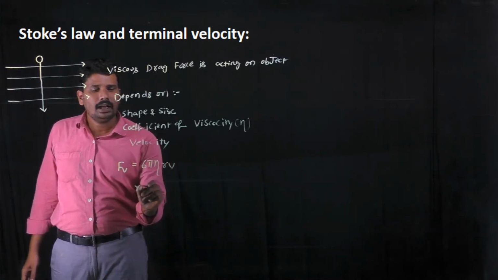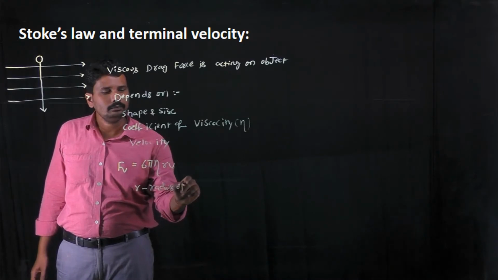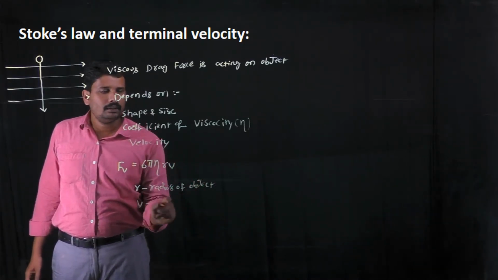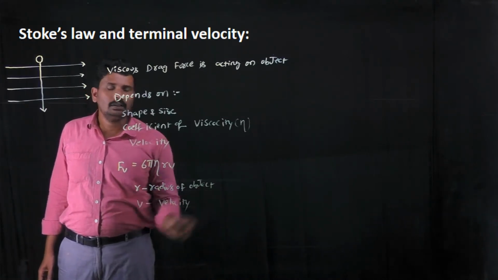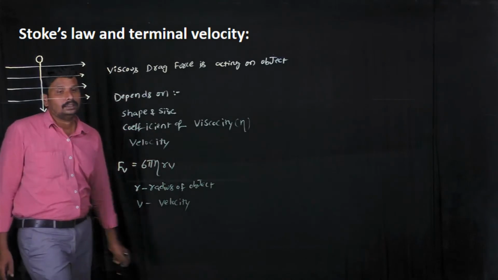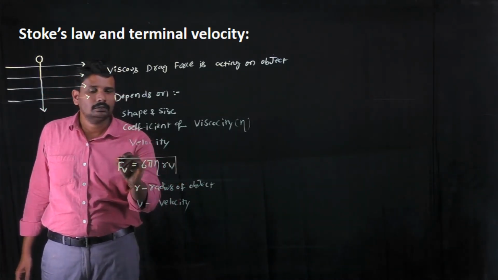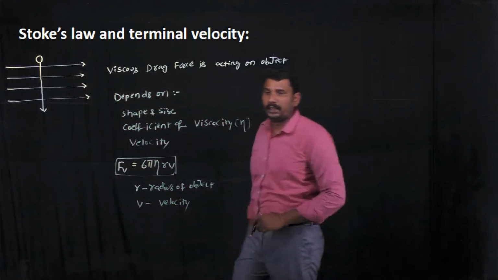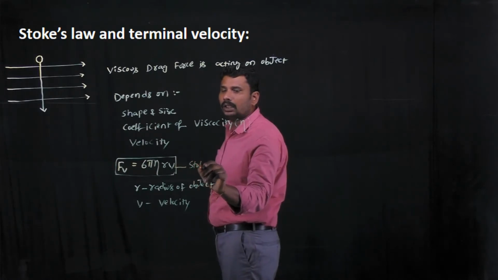Here r is the radius of the object and v is the velocity with which it falls down. This magnitude of viscous drag force is determined by the scientist Stokes. This law is called Stokes law.